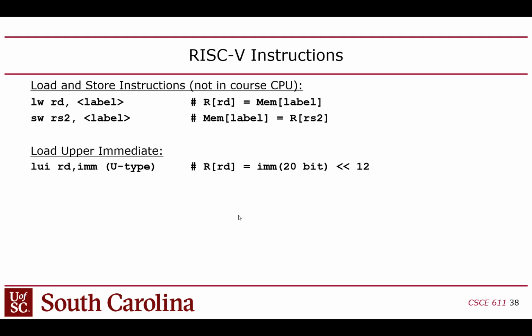Well, it's because registers are 32 bits here, right? Or 64 if we have a 64-bit version. But when you have an immediate, the immediate has to go inside the instruction, which is also 32 bits. So you don't have room to put a full 32-bit constant inside of an instruction because it would take up the whole instruction.